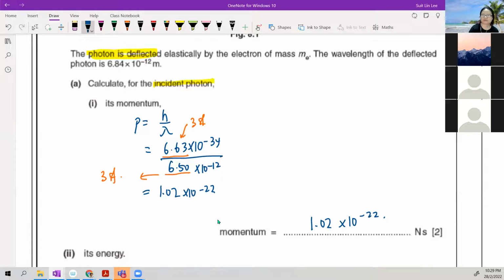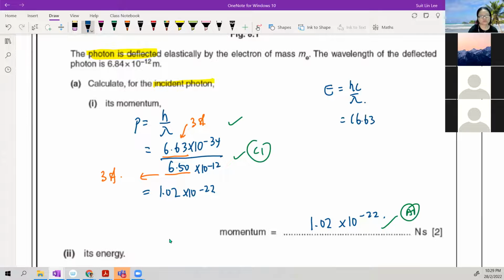And that's 2 marks. You show the equation and the substitution is 1 mark, and the answer is 1 mark. Beautiful. Energy. Okay, to find energy, E is hc over lambda.